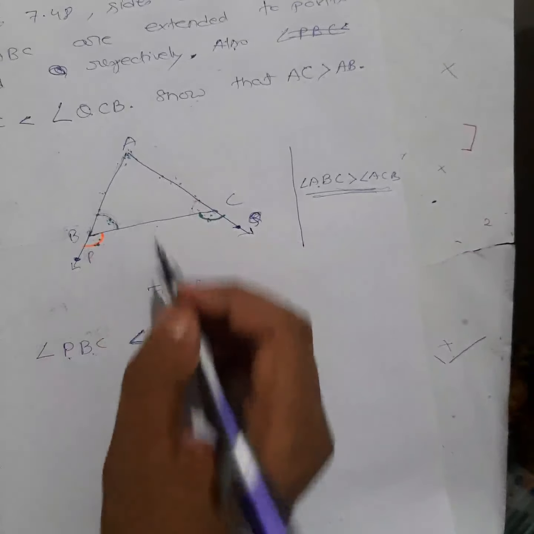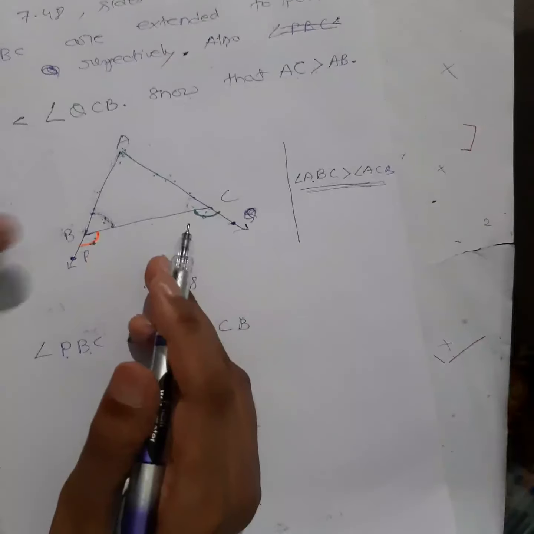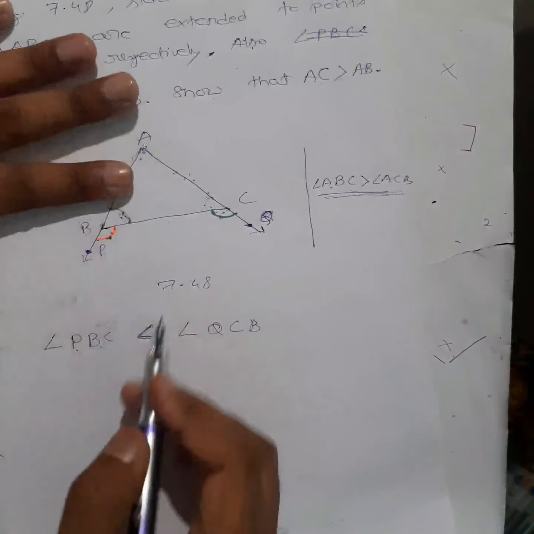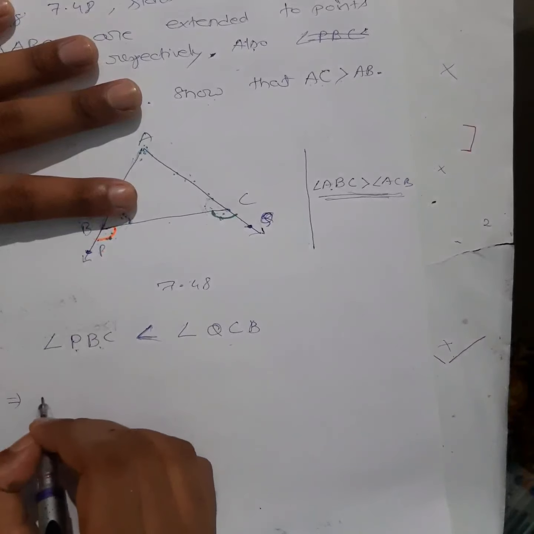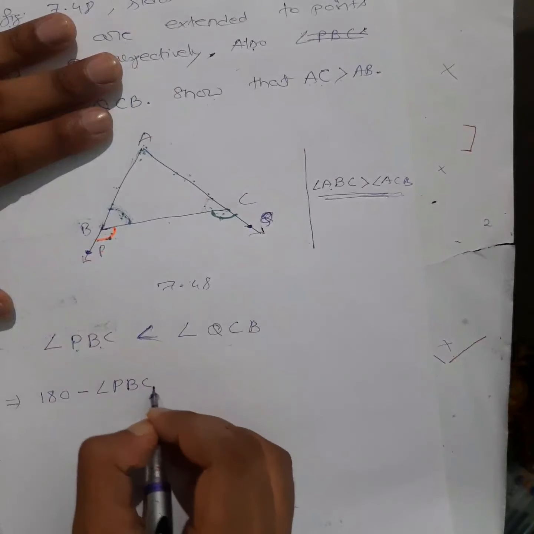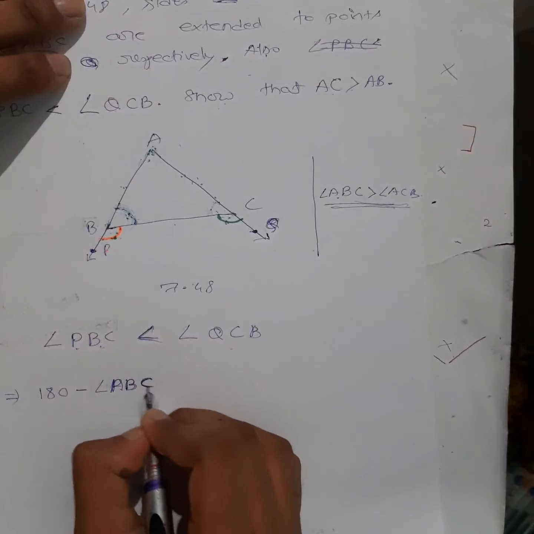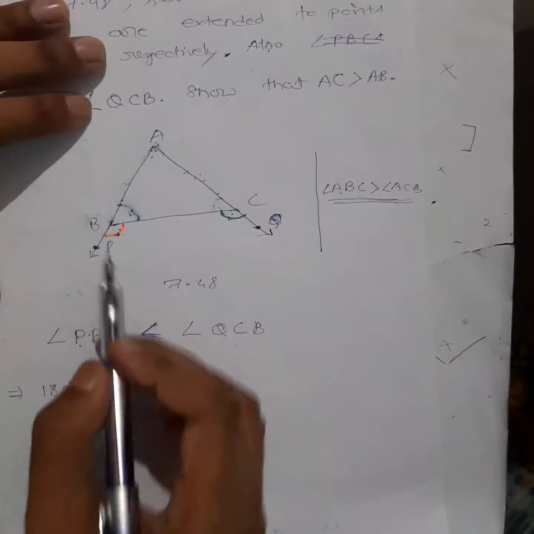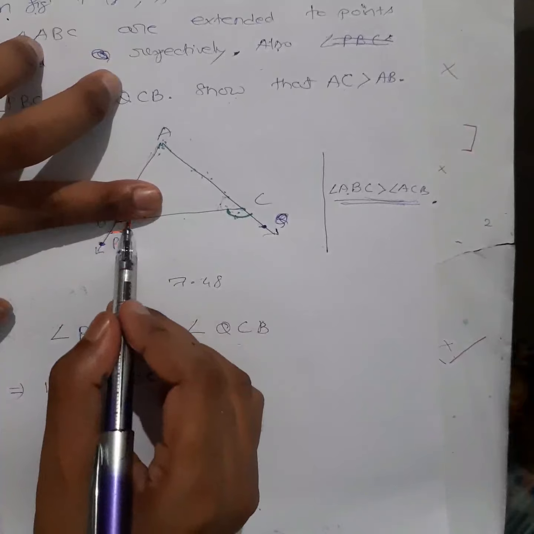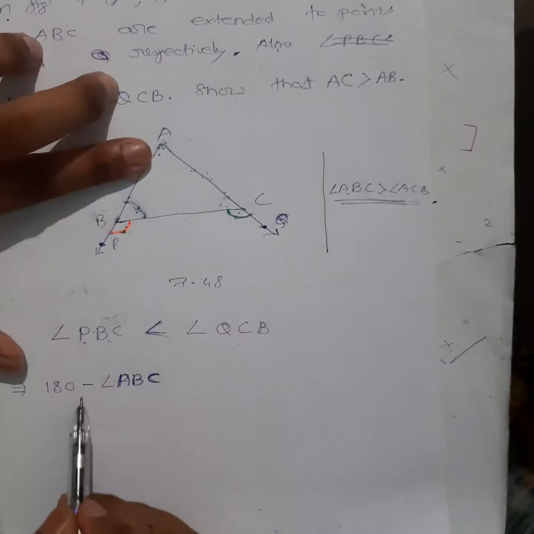This is a linear angle, right? 180 degrees. So in place of PBC, what can I write? 180 minus this. If from 180 I remove this portion, again you get PBC, right? So in place of PBC, I can write 180 minus angle ABC.